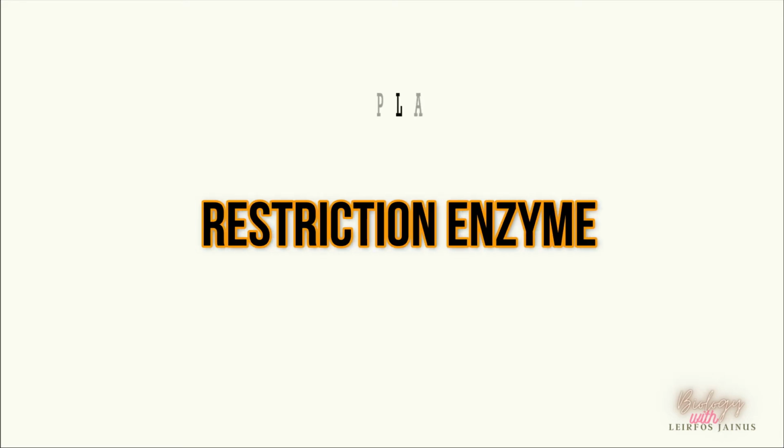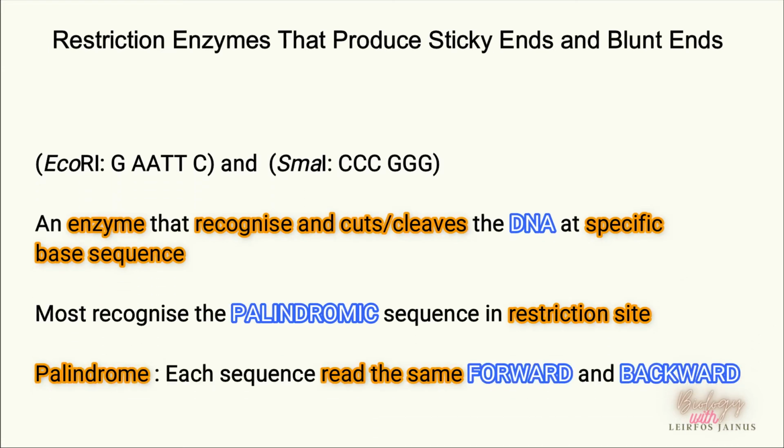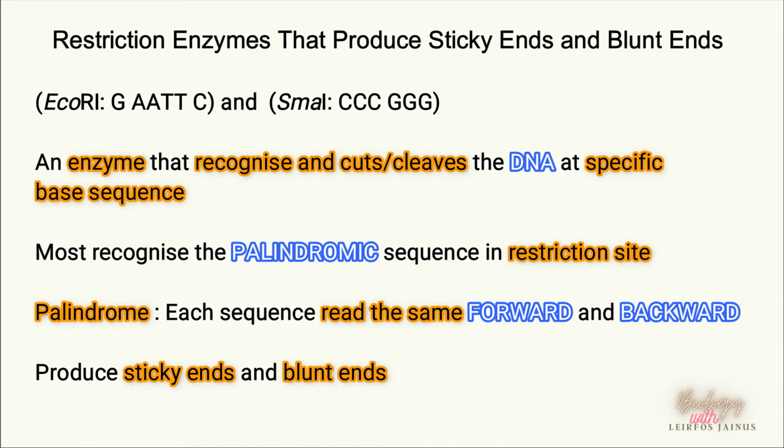Now we will discuss more about what is restriction enzyme. As we learned earlier, restriction enzyme is the enzyme that recognizes and cuts the specific sequence on the DNA called restriction site or palindromic sequence to produce sticky ends or blunt ends.